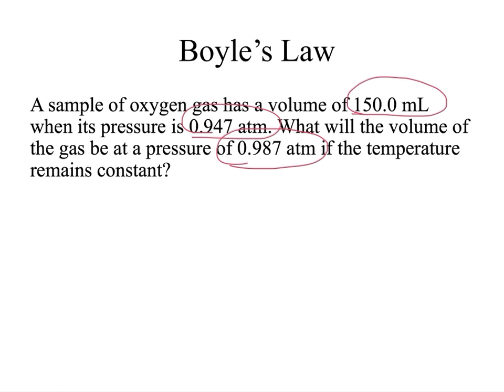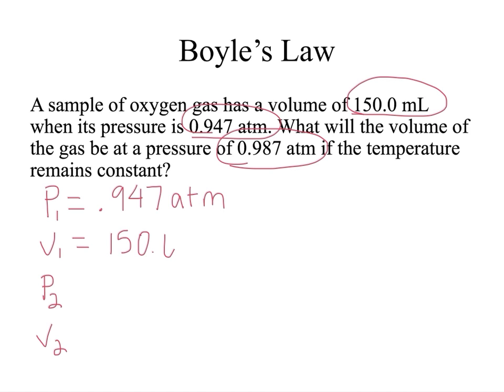So I would always suggest writing out your variables. So we have P1, V1, P2, V2. Pressure 1 is going to be 0.947 atm. Volume 1 is going to be 150.0 milliliters.